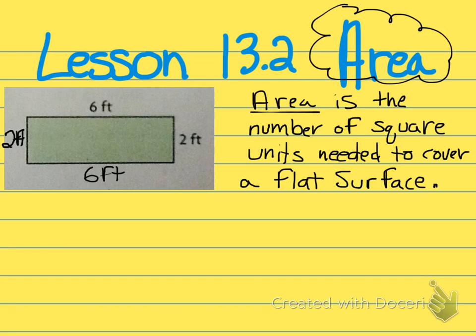What we can do is, it's almost like what we've been learning with arrays. We have a 2 by 6 array. 2 rows, 6 in each row. So that would be 6 square units in each row.